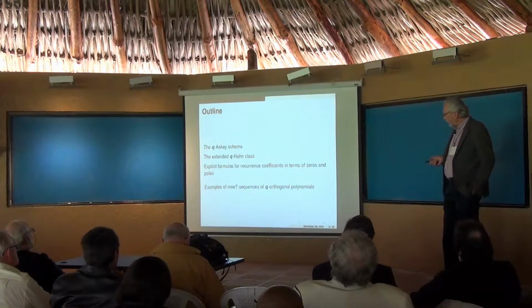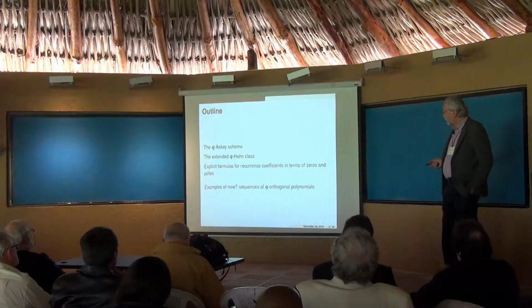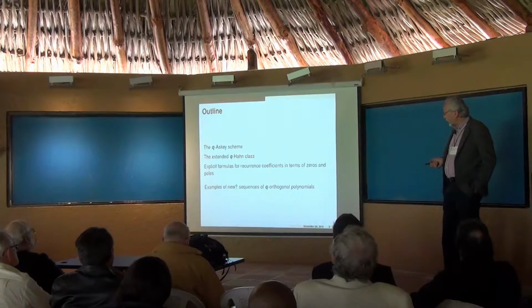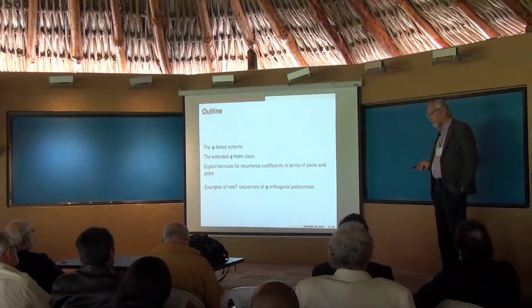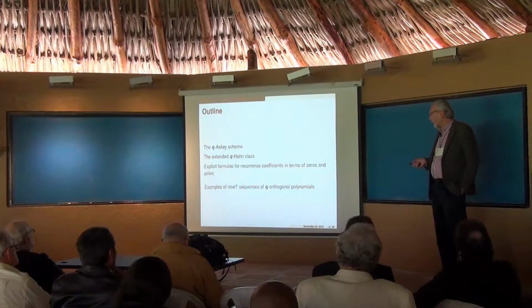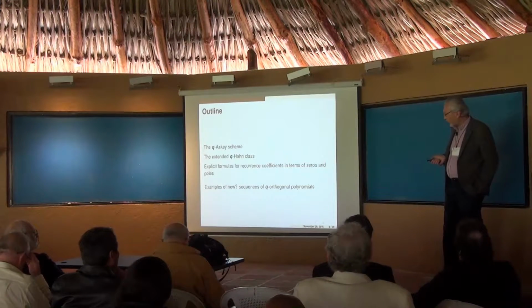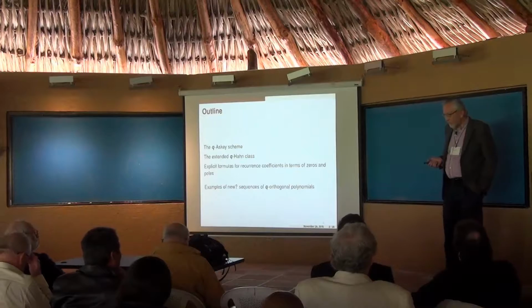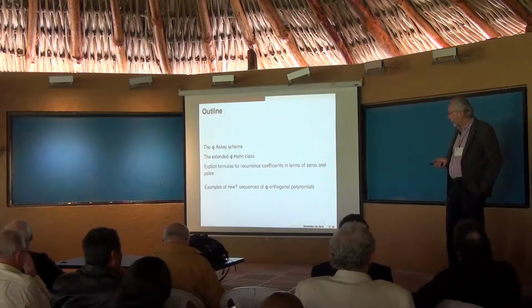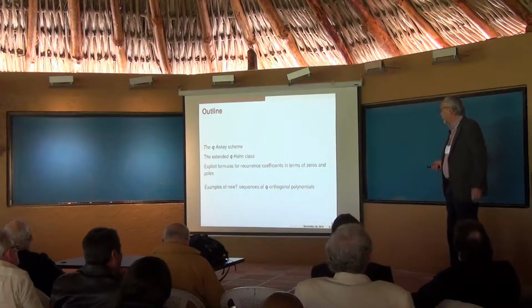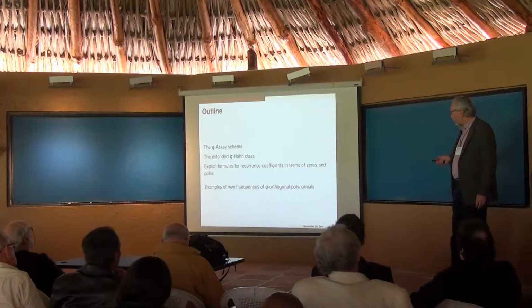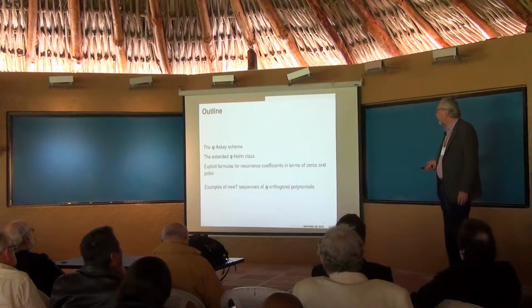And give some examples of some probably new sequences of Q orthogonal polynomials. Some of them are not mentioned in the q-Askey scheme. I don't know if they are included in the NU scheme or the Han table. So there's a lot of work to be done regarding the new examples.